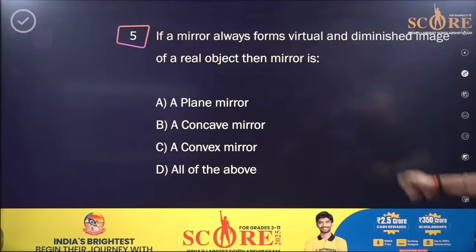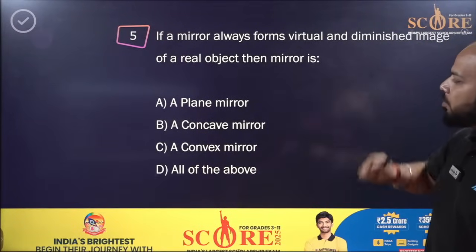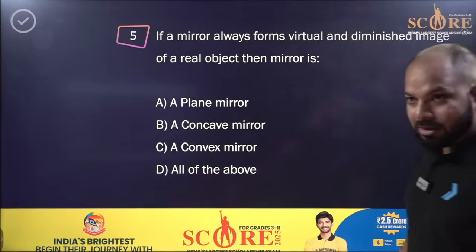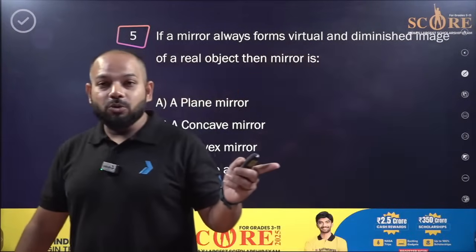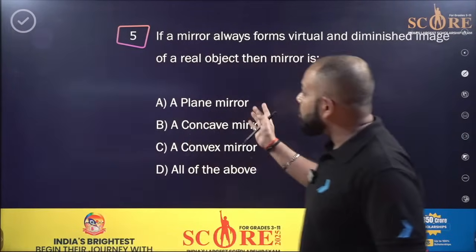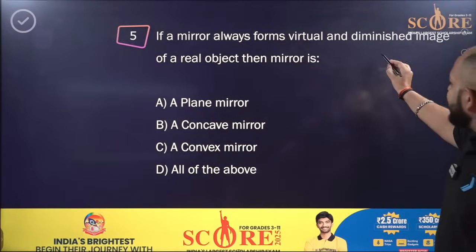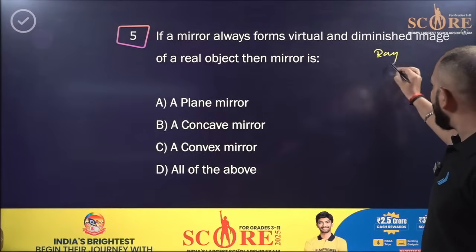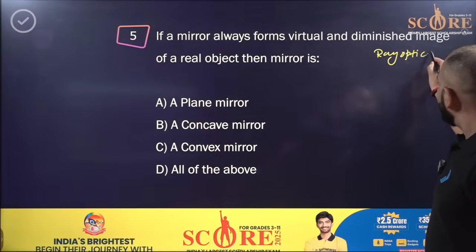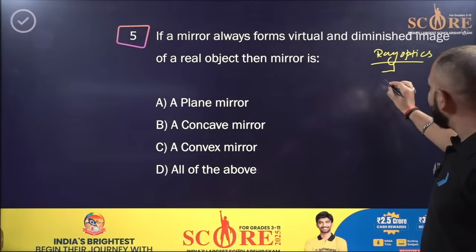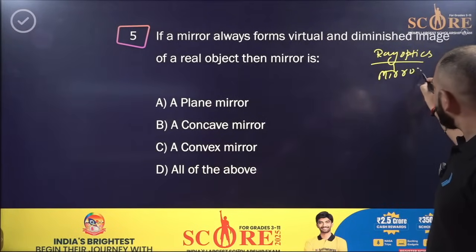If a mirror always forms a virtual and diminished image of a real object, then the mirror is what? Now the question comes. Previously I also told you about the plane mirror. Now it's talking about the configuration of the mirrors. In ray optics, we widely talk about two types of mirror.